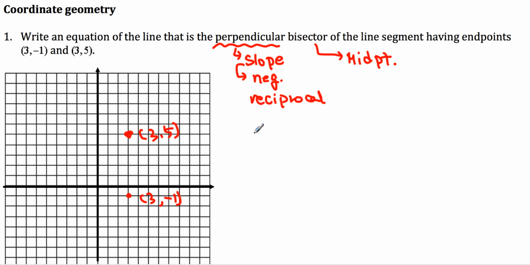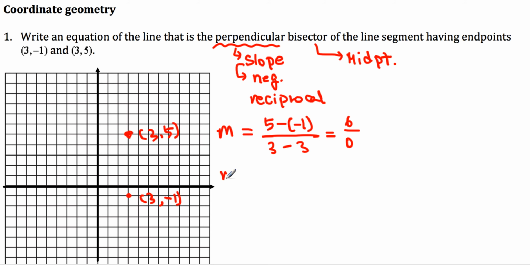Then what we want to do is first find the slope between those two. You can see that it's vertical already, but we're just going to do the calculation here. y2, which is 5, minus y1 over x2 minus x1, which is 3 minus 3. So we'll end up getting 6 over 0.